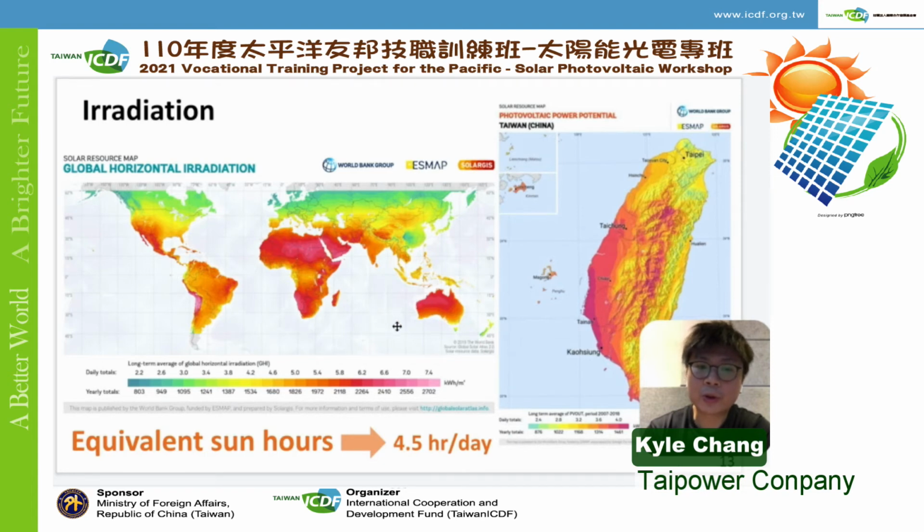This is a simple parameter to estimate the energy potential of a certain place on Earth, like Taiwan. They have the equivalent of 4.5 sun hours per day. Usually this data we find on the map and use to estimate the advantages of some module.